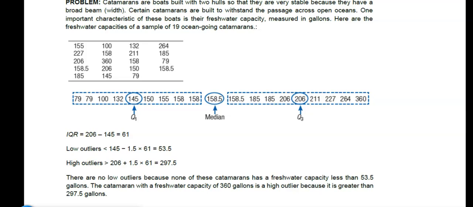Apply the formula: Q1 minus 1.5 times 61, and then Q3, which is 206, plus 1.5 times the IQR, times 61. You get the upper and lower fence. That means 53.5. Anything lower than that, you've got an outlier. Anything above 297 is an outlier. There are no outliers because no values are below or above those 2 numbers, respectively.